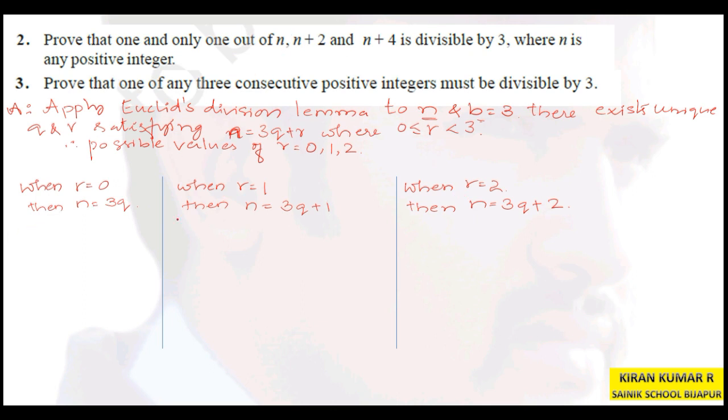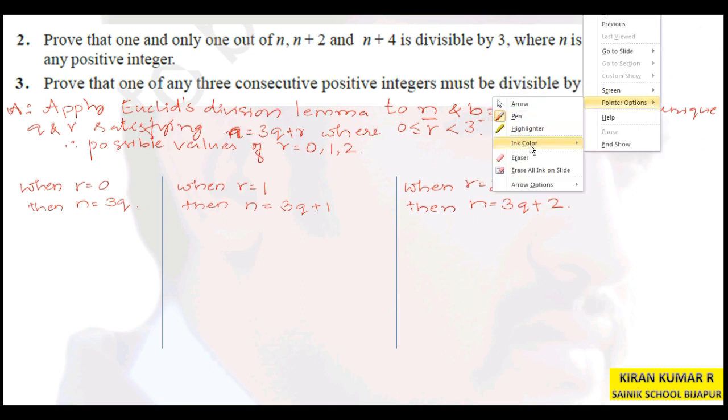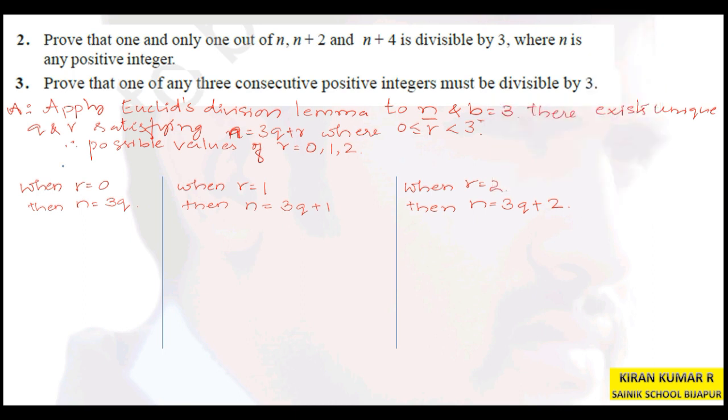Now you just observe these 3 formats: n equal to 3q, 3q plus 1 and 3q plus 2. When n value is 3q, it is divisible by 3.